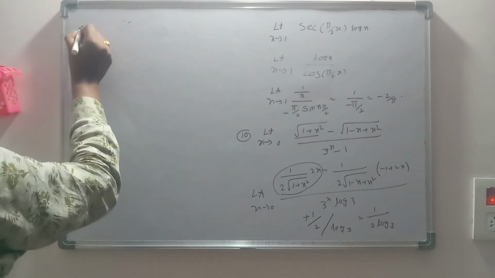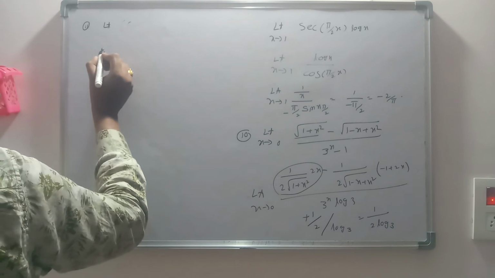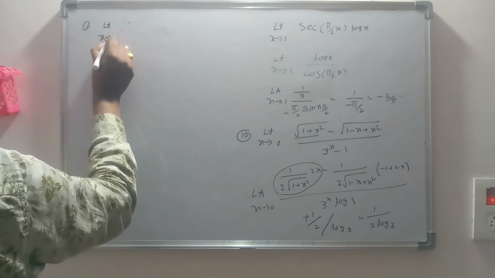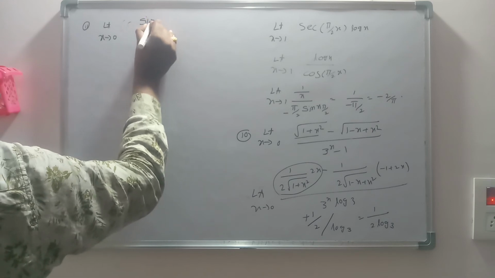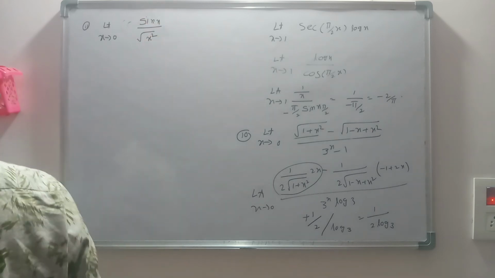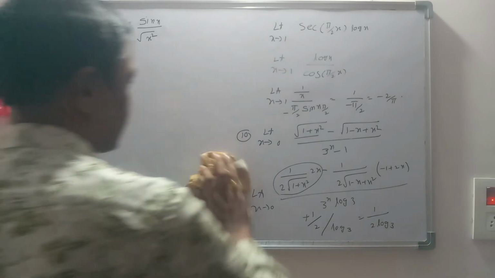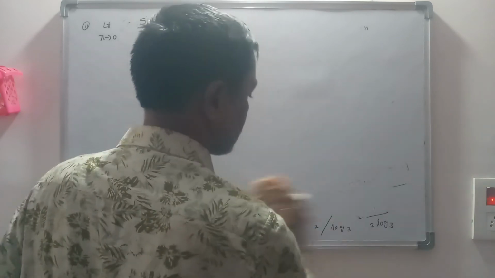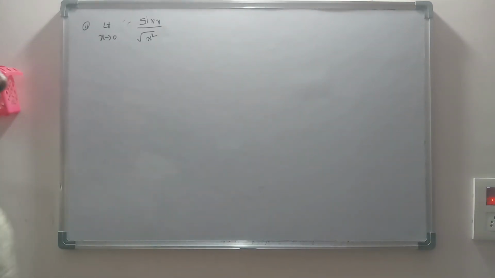11th one. Most important model, this one. Limit x tends to 0, sin x by root x square.